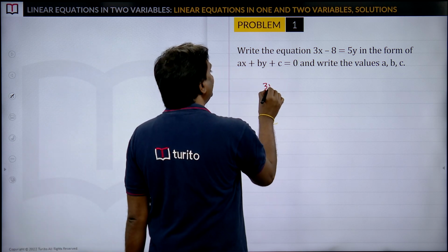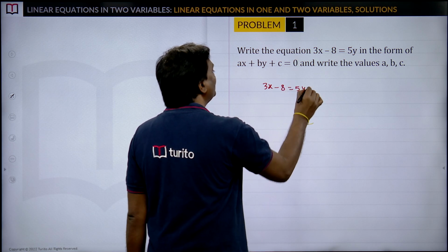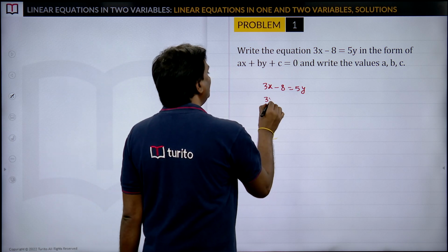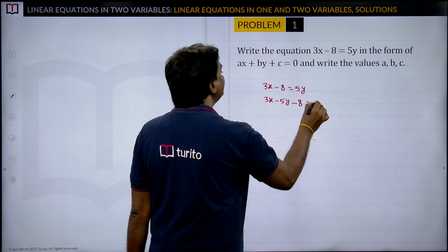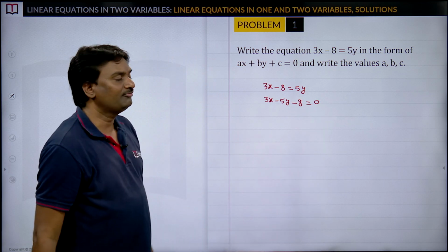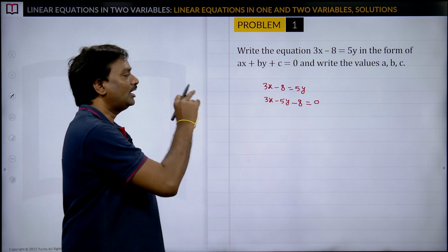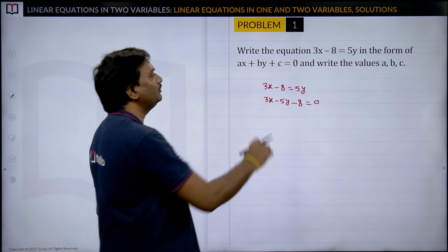The given equation is 3x minus 8 equal to 5y. If you take 5y to this side, 3x minus 5y minus 8 equal to 0. Now, this equation is exactly in the form of ax plus by plus c equal to 0.